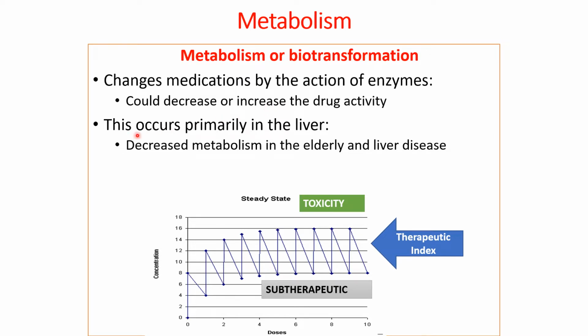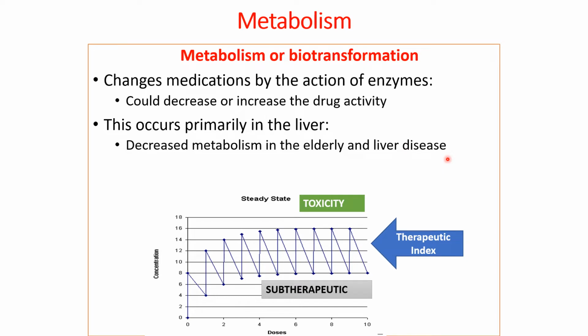Now you understand that if a person has a problem in the liver, has a disease that affects the capacity of the liver to metabolize the medication, like for example, people that are old, they have also old livers, or people that have liver disease.